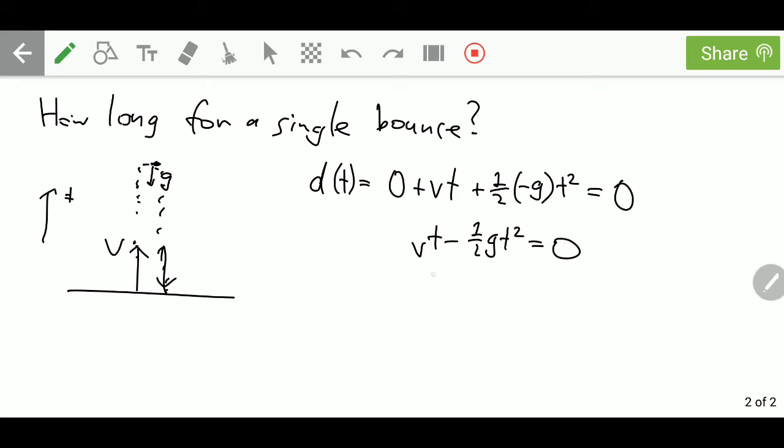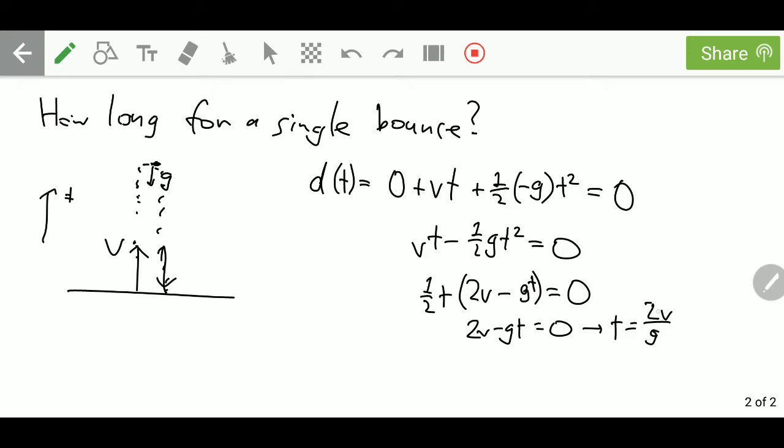And so we can see that 1/2 t times (2v minus gt) equals 0. Obviously we want the time that's not 0. So we know that 2v minus gt is 0, and so t is equal to 2v over g.